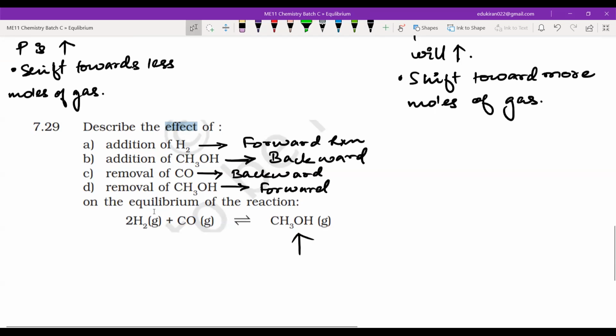you can also write for the question number, this is 29. I think question 28 is also similar. You can now do 24, 25, 26, 27, and 28.